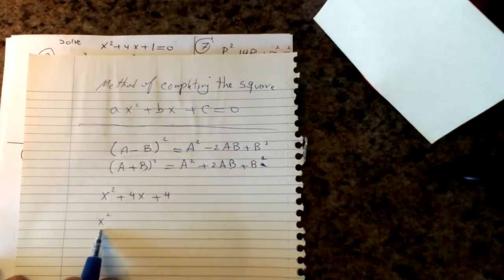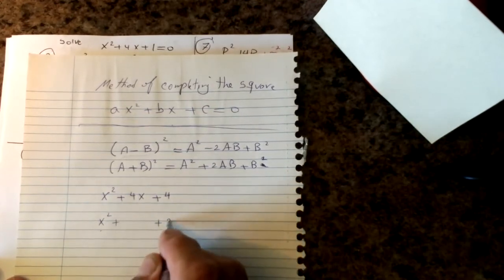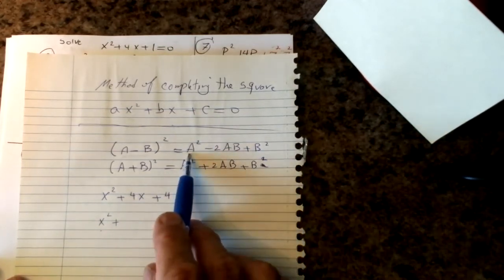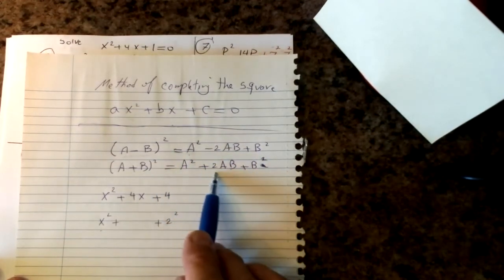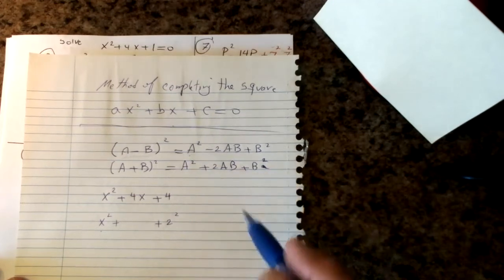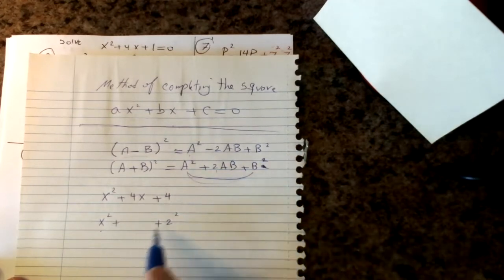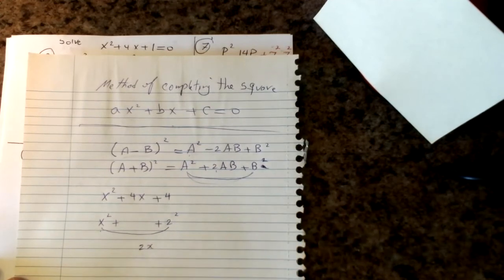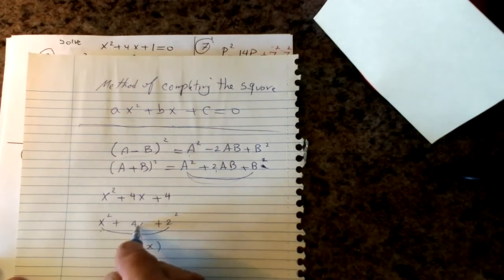The first term is a perfect square, x². 4 is 2². So a², b², and what do you have in the middle? Twice ab means you take these two, multiply a times b, which is 2x, and then multiply by 2, that gives you 4x.